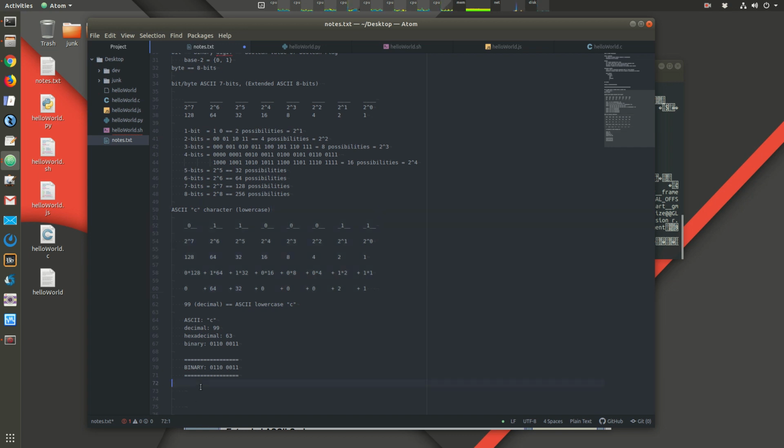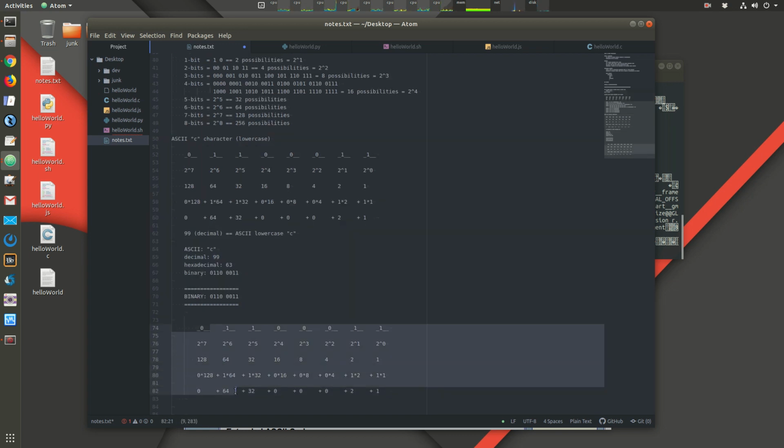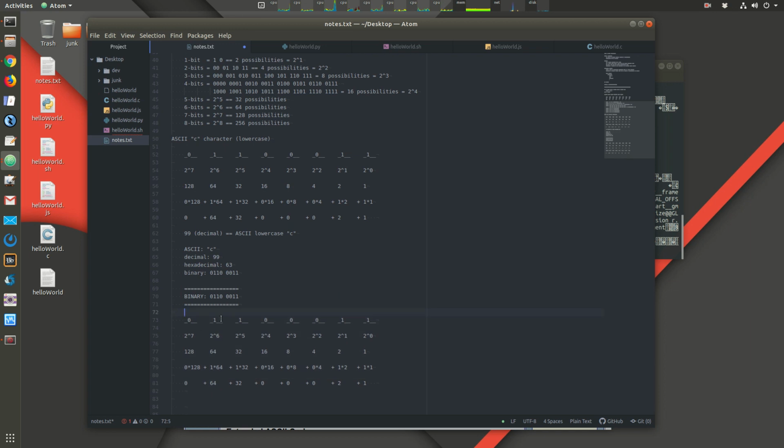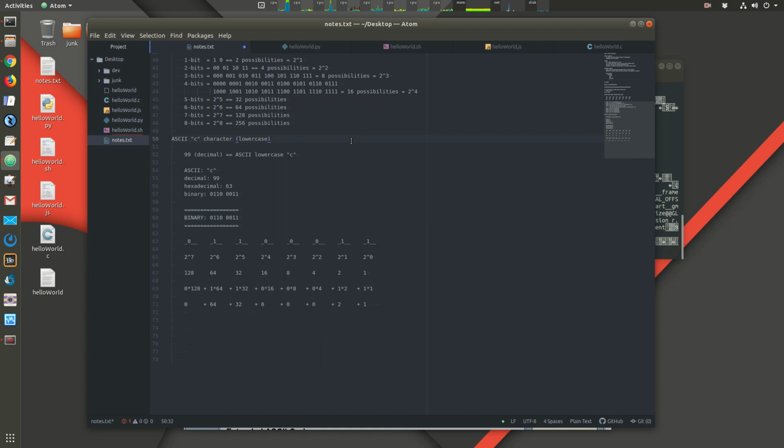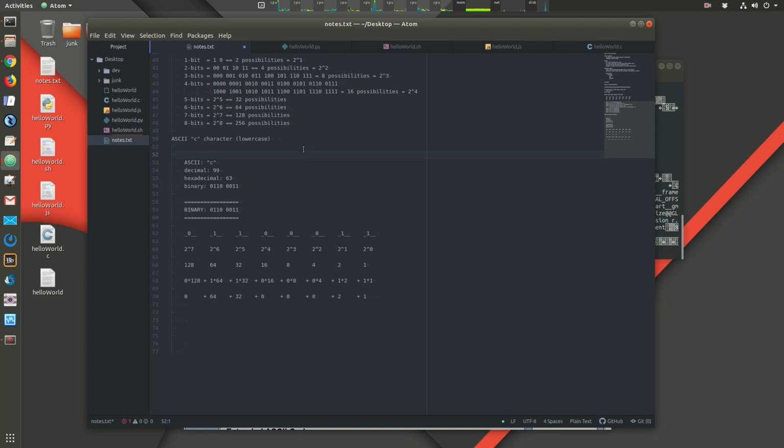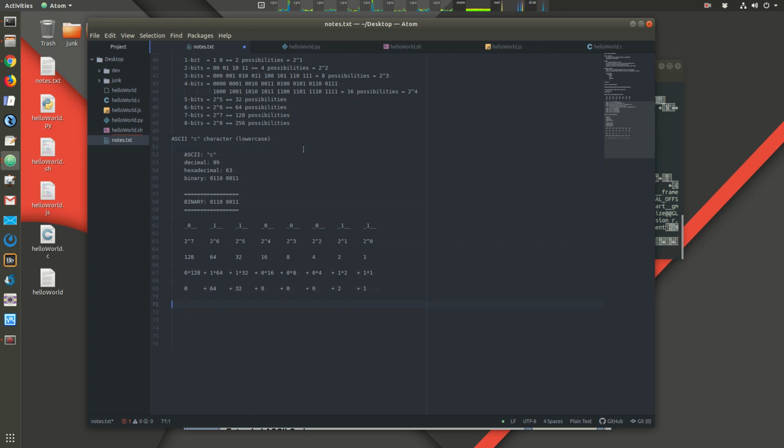Alright, I'm going to paste this down here. This is binary. That's our binary representation. I'm going to delete it from up here. So again, all of this we're talking about the ASCII character C and the different ways you can represent that. So the ASCII C character. So this is how we can prove that this binary valuation of the ASCII character C does equal 99.